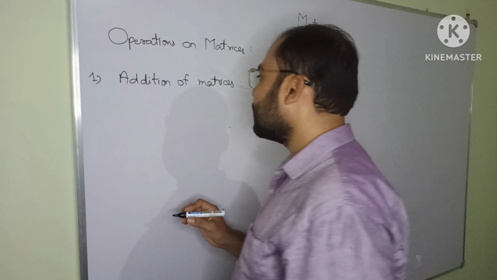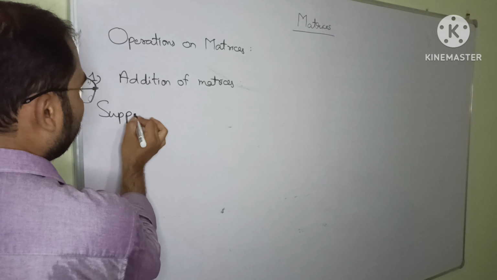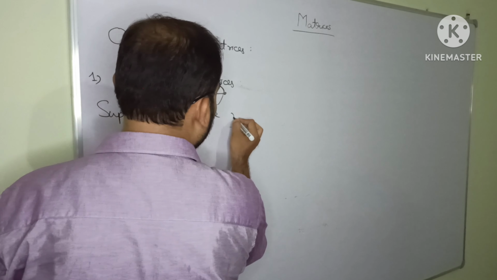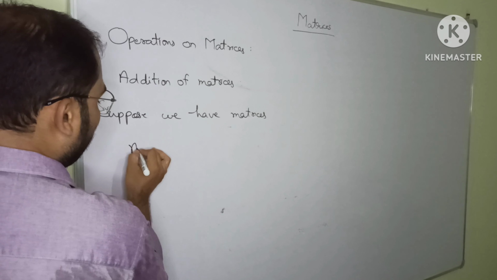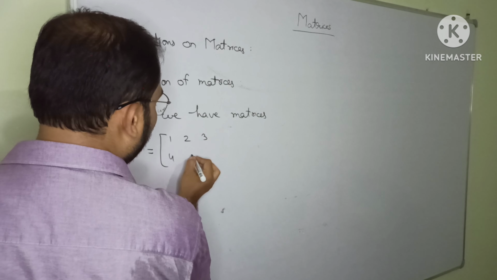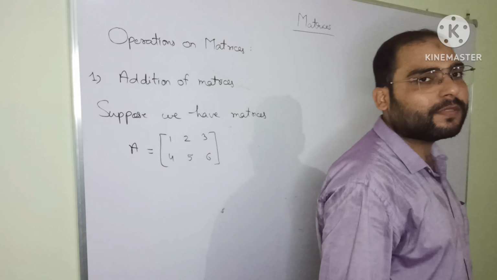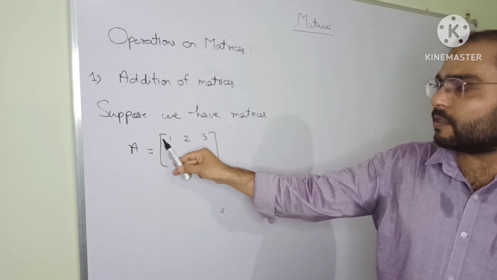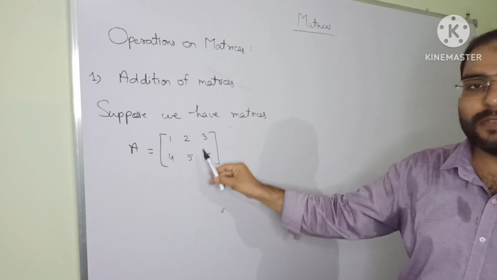So, addition of matrices. Suppose we have two matrices. A is equal to 1, 2, 3, 4, 5, 6. Students, what is the order of this matrix? Here the number of rows is 2 and the number of columns is 3.